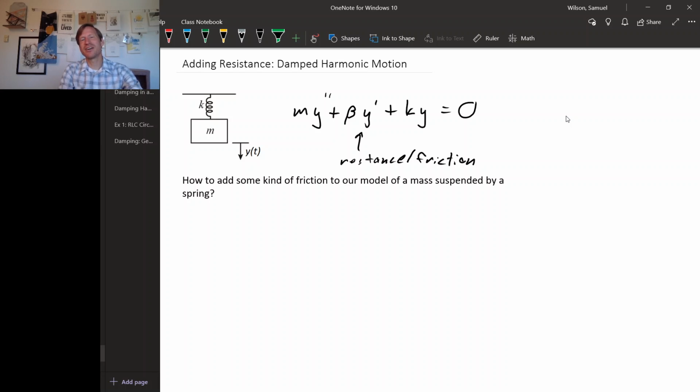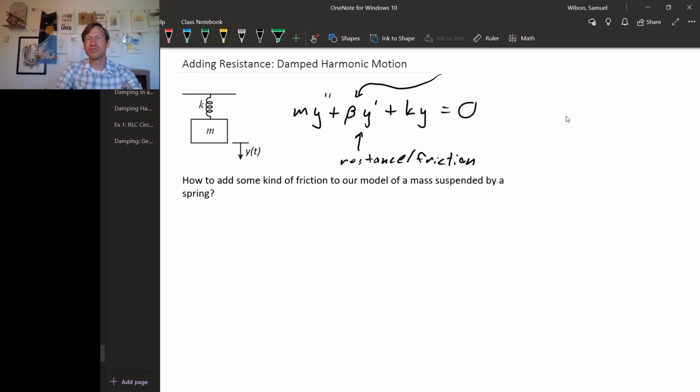So this seems like a not totally unreasonable way to get some sort of friction or resistance into the game here. So beta is just some constant that represents the strength of the resistance.